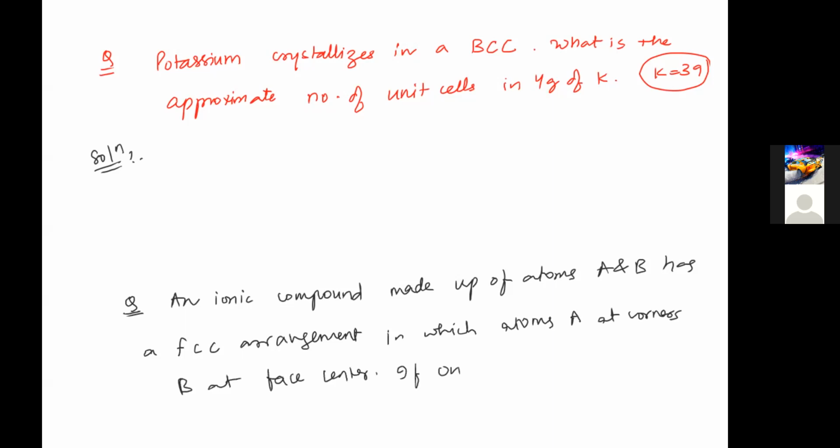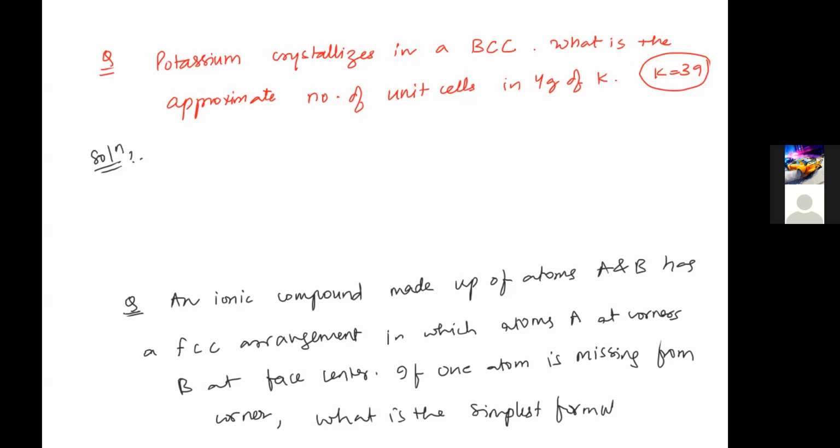If one atom is missing from the corner, what is the simplest formula? So these are 2 questions I gave for those who already completed the first one.